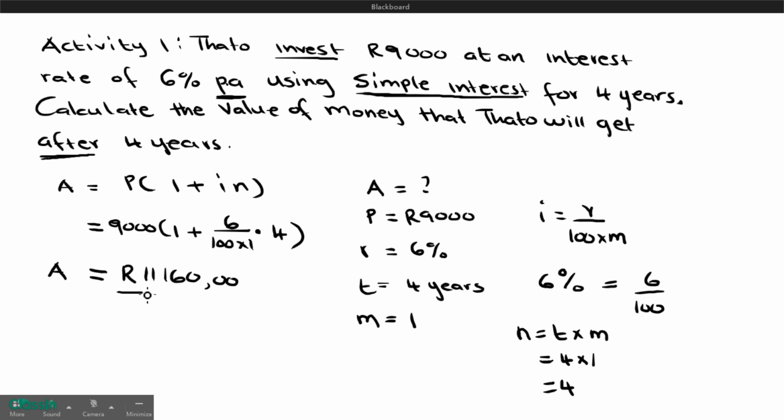So this will be your accumulated amount, your accumulated value. Hence we say the accumulated value is the value of money that you're going to get at the end of the investment period.